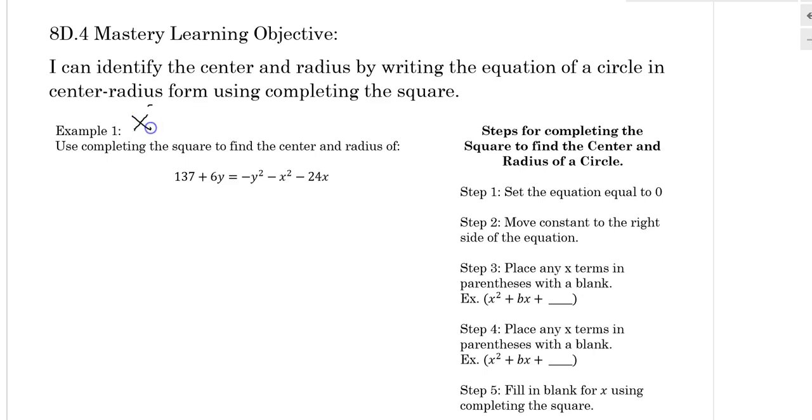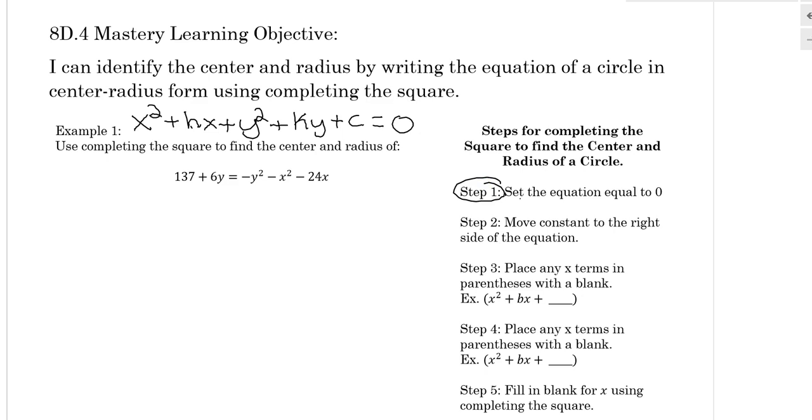Remember that form is x squared plus hx plus y squared plus ky plus c equals 0, where h, k, and c are just random numbers. We don't know what those numbers are. Okay? So if you notice, this is not equal to that, because it is not set equal to 0.